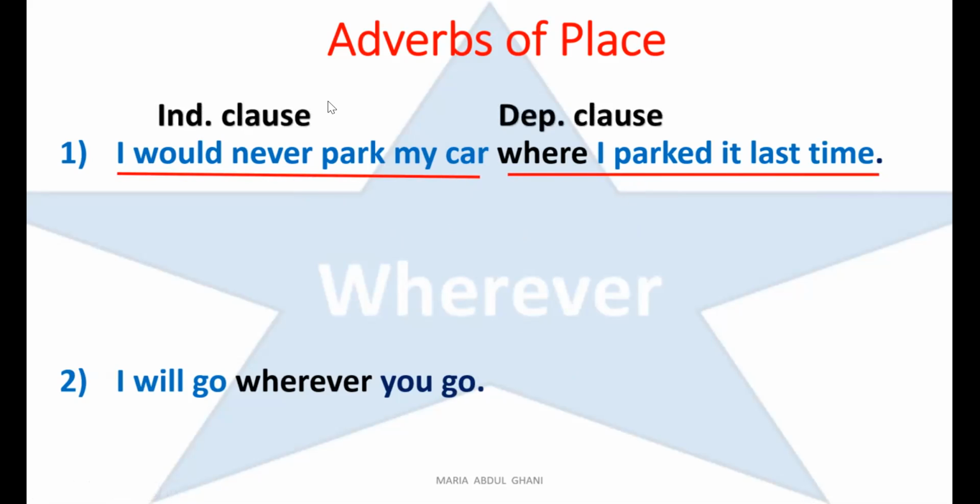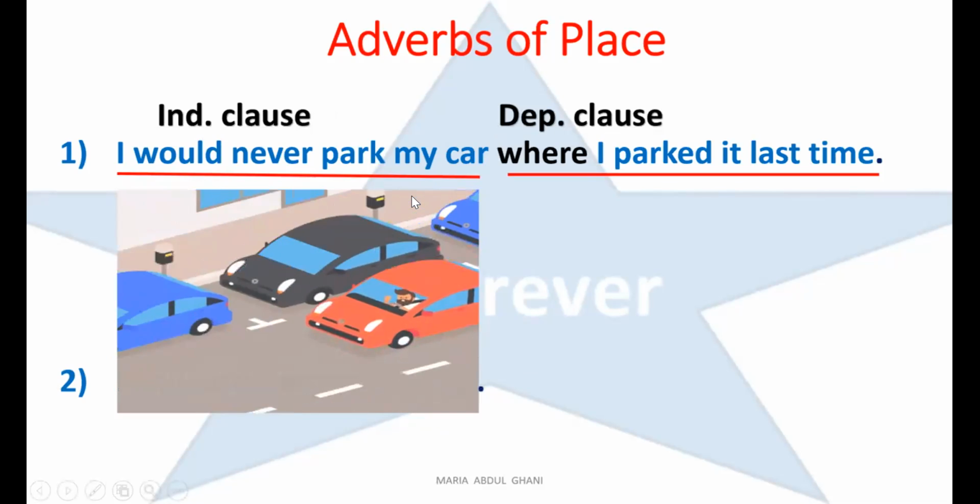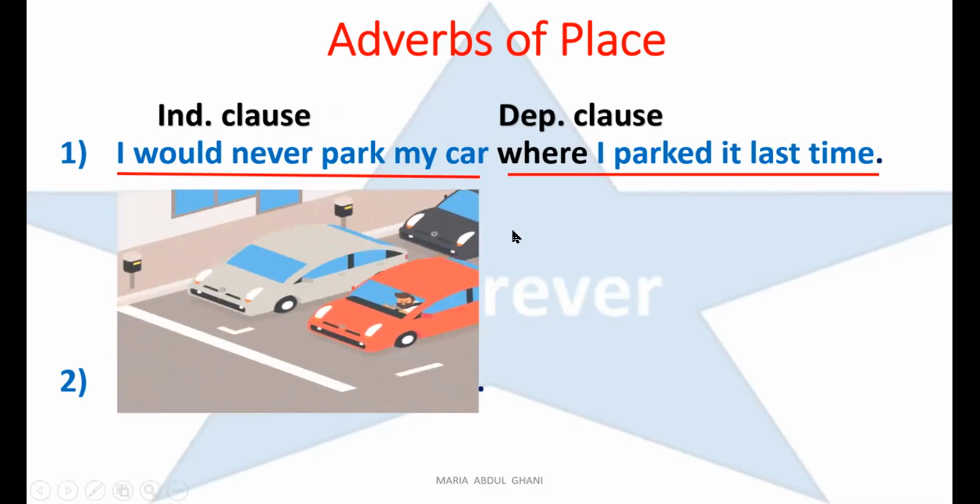In sentence number 2, let's see who's silent here and must talk. Yara, go on, please. I will go wherever you go. I will go is independent. Sorry, wherever you go is dependent. Before continuing, I'm showing you the picture.